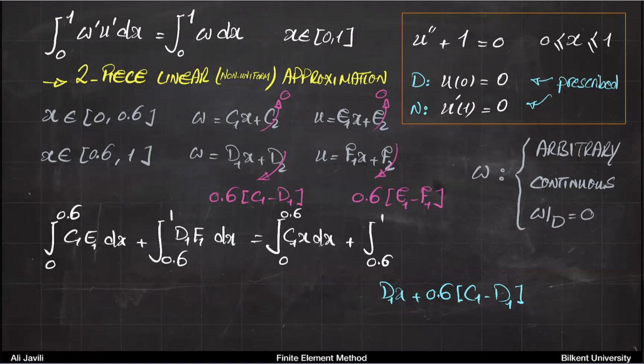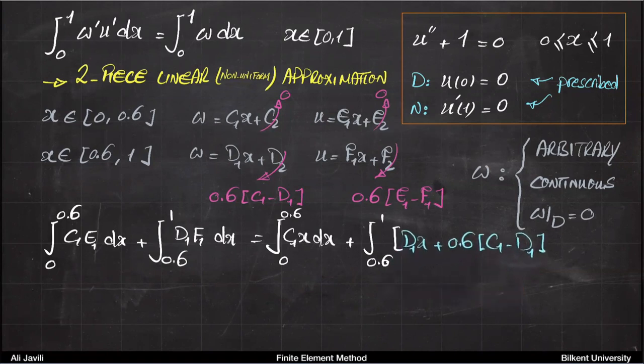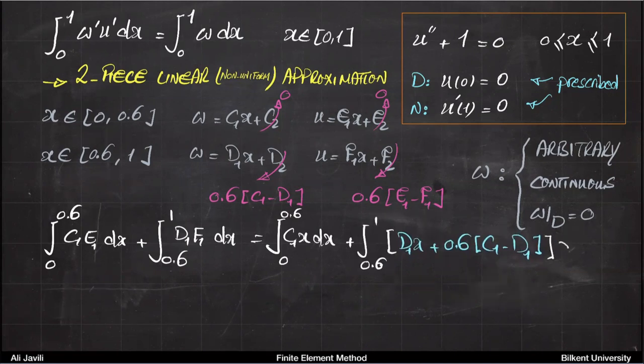Maybe I put them in big brackets for clarity. And that's d1x2. I also changed the color to white so that it's clear. Okay, so this is exactly the integral.